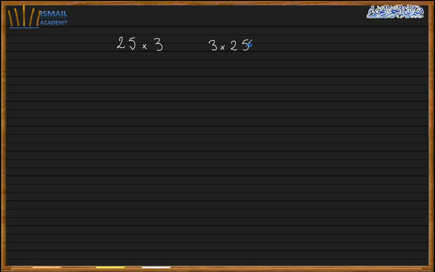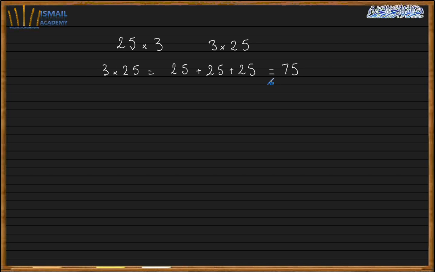Here I have to add 25, 3 times. But it's the same result. So here I have 3 times 25, which is the same thing as 25 plus 25 plus 25. If I add those, I will end up having 75.